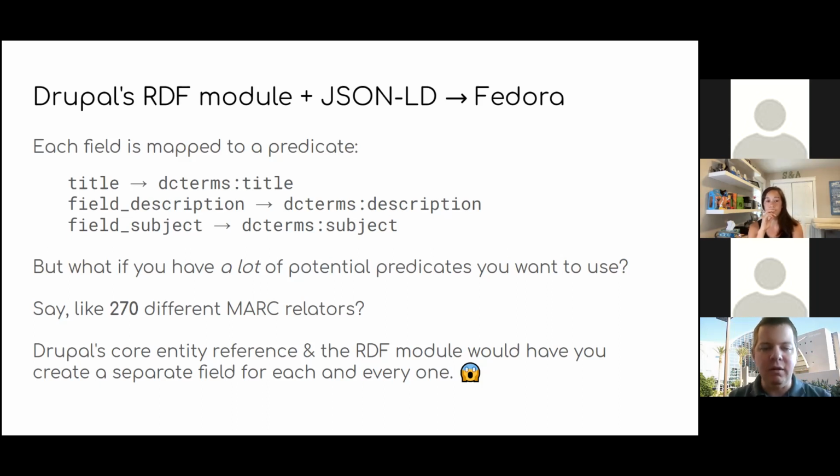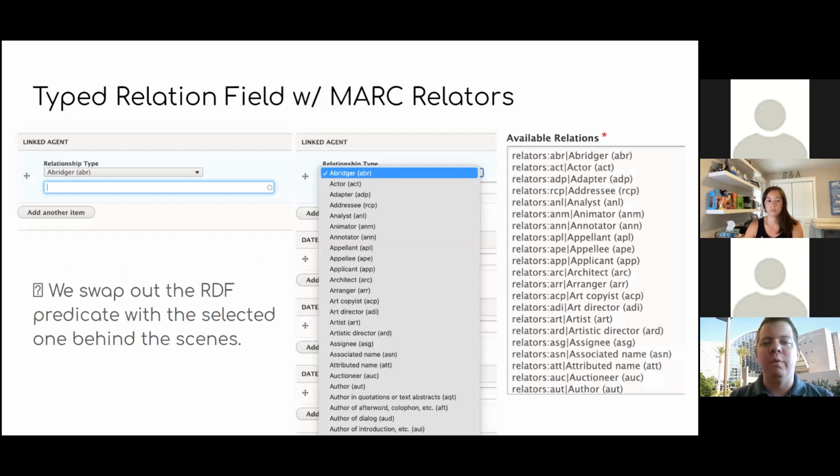So what did we do? We created this new field type. This is an extension of entity reference to where we can say, yes, it's an entity reference, but we want to describe that reference. We want to make it a bit more specific than just a term that I'm linked to.